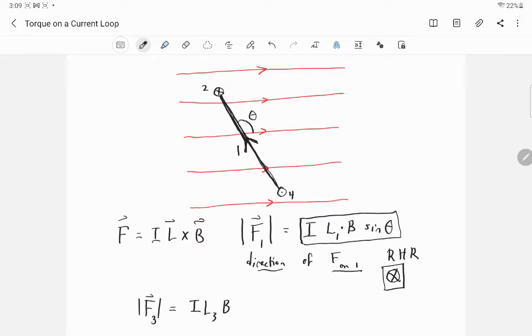It turns out that the sine of this angle and the sine of this angle have the same value, because of the sine wave. You can do a little research if you want.